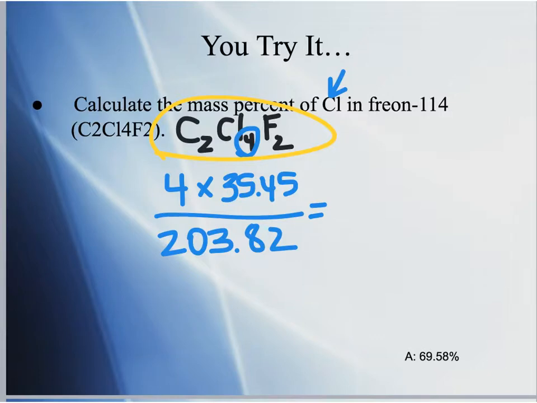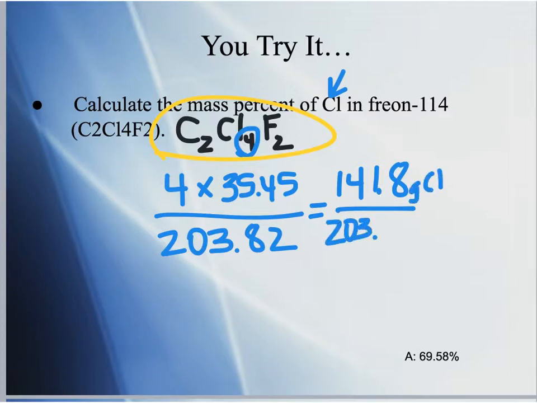And 35.45 times 4 is 141.8. So this is grams of Cl over 203.82 grams of our Freon 114, C2Cl4F2.